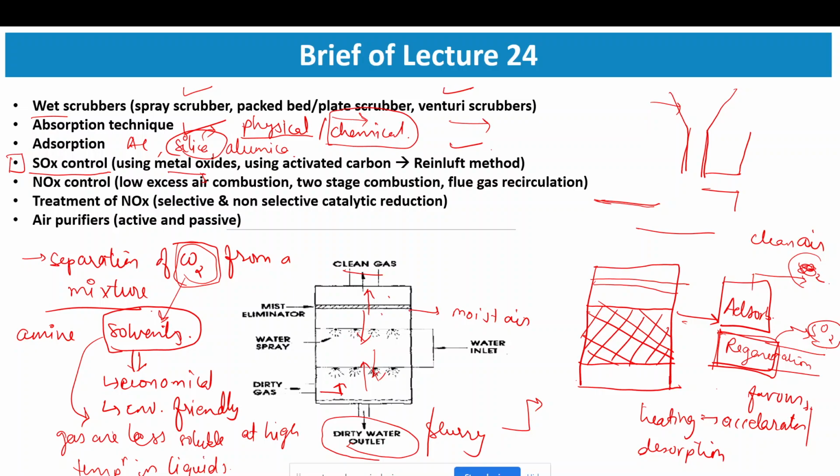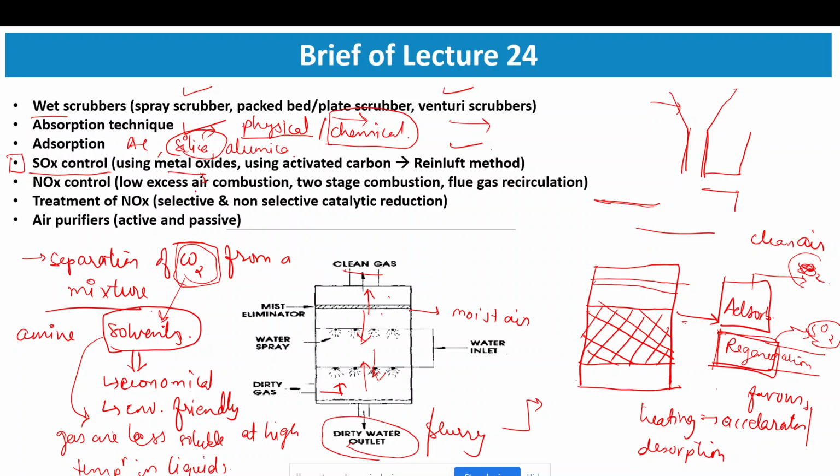Now for NOx, you can try to control the NOx emission. You can reduce the NOx emission by using lesser excess of air, because the more excess air you provide, the more NO2 will be available, and the chances of reaction between nitrogen and oxygen will increase, resulting in more NOx.